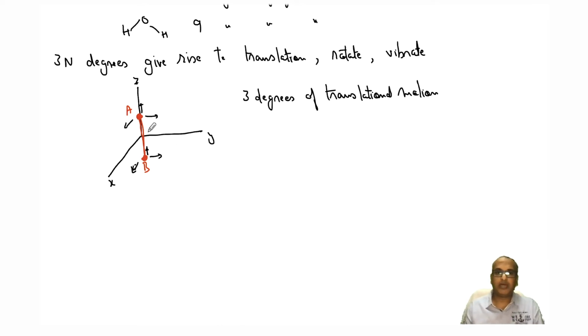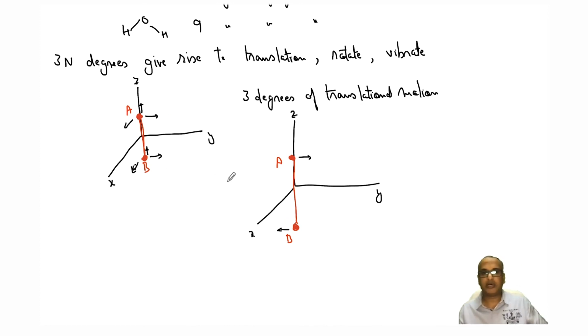Now let us see what the other possibilities are. Okay, so let's draw this molecule again in the same frame. X, Y, Z. A and B. Now let's say A moves in this direction and B moves in this direction, right? Now they are not moving in the same direction, which was causing the translation.